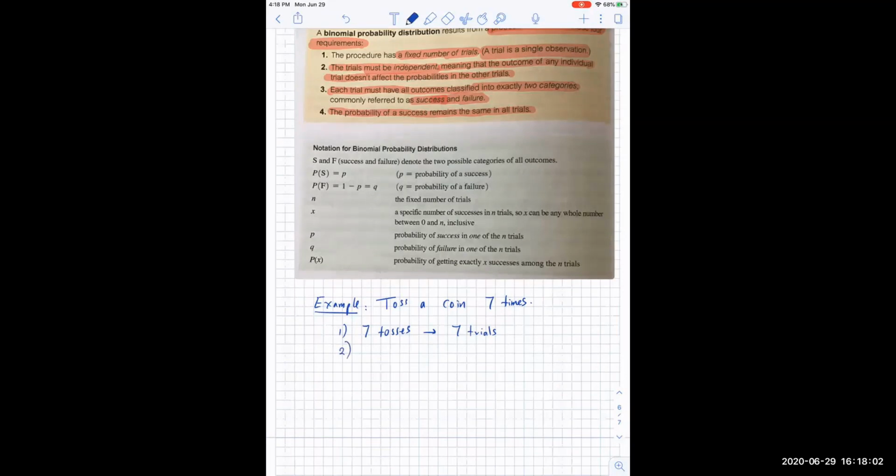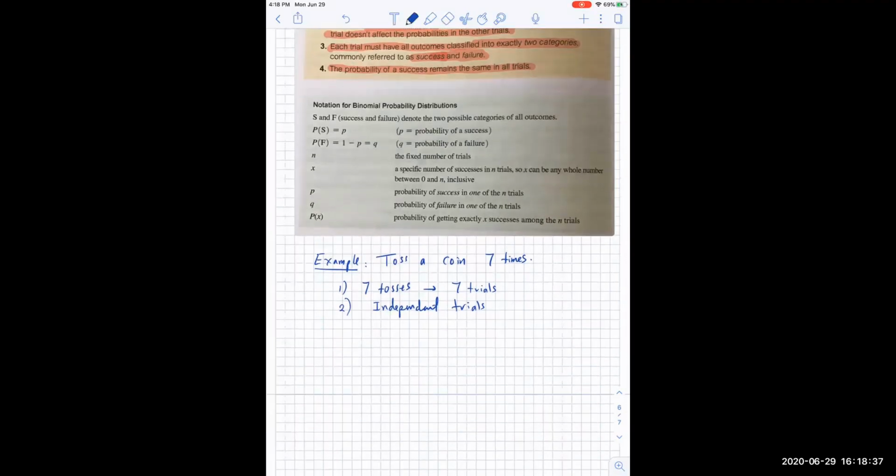Number 2, are the trials independent? Means the outcomes are independent? Yes, independent trials. When you flip a coin, the outcome, heads or tail, does not affect the outcome of the next one. Still a 50-50 chance of getting head or tail.